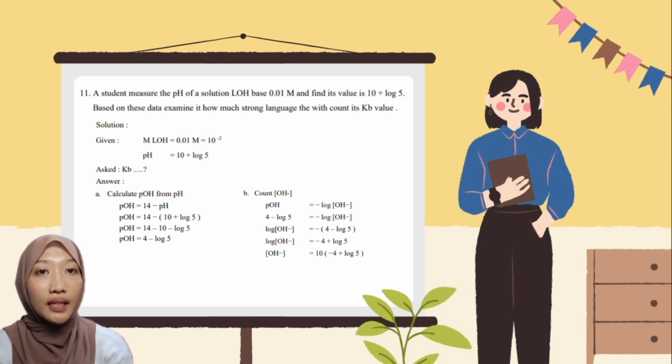Concentration OH minus equals 10 to the power of minus 4 plus log 5 equals 10 to the power of minus 4 multiplied by 10 to the power of log 5. So that concentration OH minus equals 5 times 10 to the power of minus 4 M.